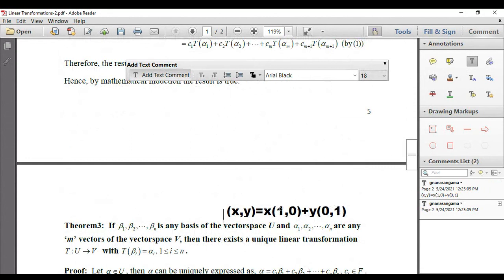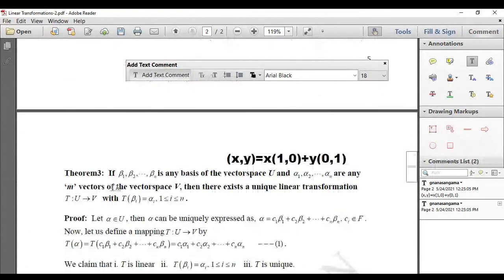That means (1, 0) and (0, 1) become the basis vectors of R2. So basis vectors mean every element of that vector space can be written as a linear combination: any scalar into a fixed vector plus any scalar into a fixed vector. If you can write it like this linear combination, then we say these two are basis vectors.